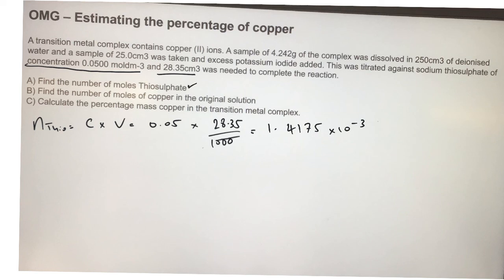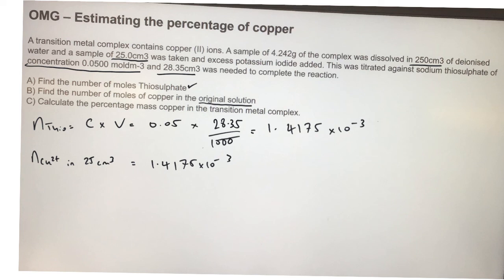I've done part A. Next thing they want me to do is find the moles of copper in the original solution. I want you to note that the original solution is 250, but we took a sample of 25. So I'm first going to find my number of moles of copper in 25. From our ratio, we said that the number of moles of thiosulfate and copper is equal, which means that I have also got 1.4175 times 10 to the minus 3 in 25 centimetres cubed.